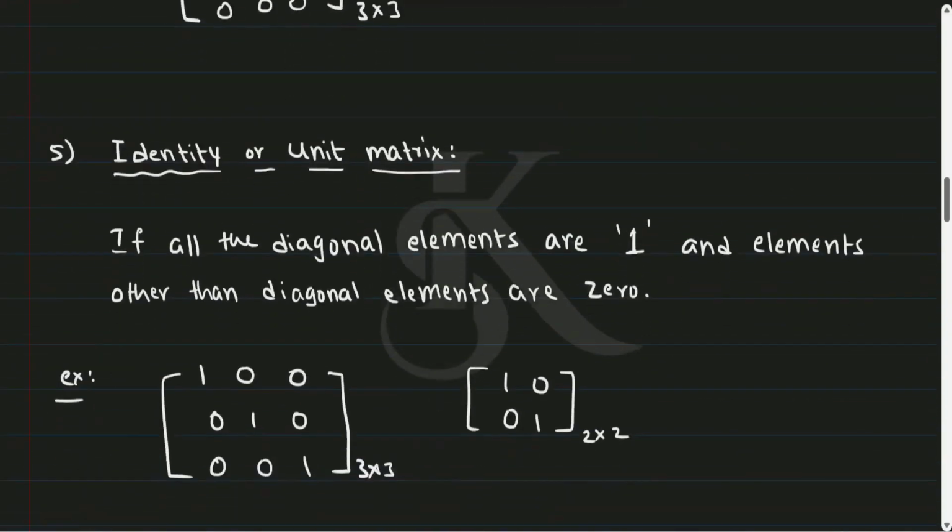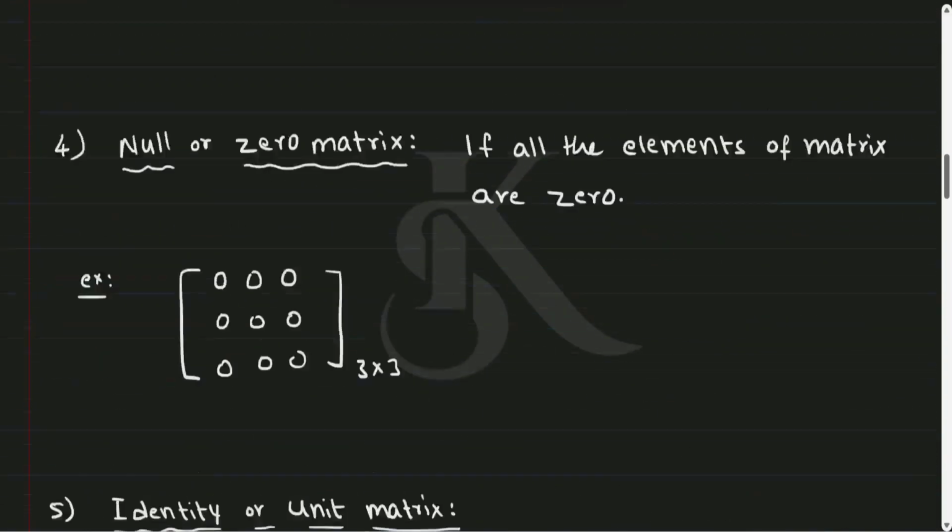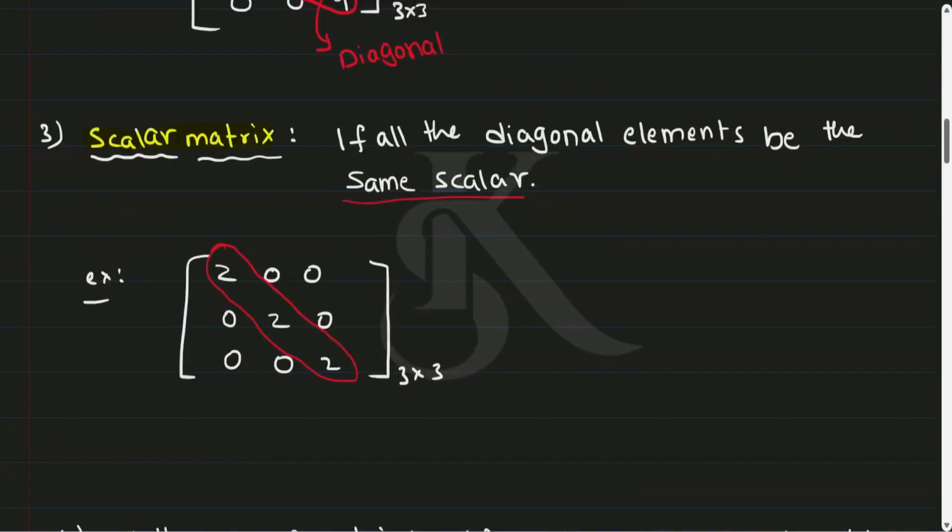Don't forget this one. If other than 1, like diagonal elements are 2 and 3, like that, the same scalar.